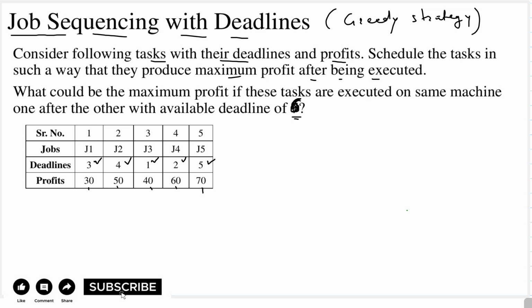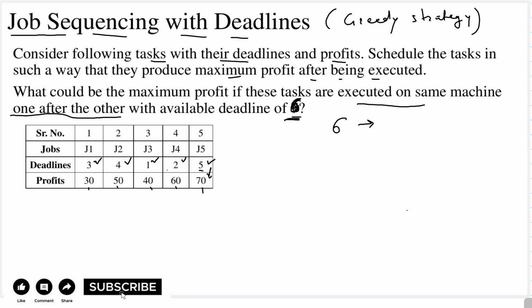But what is asked is that these tasks are executed on the same machine one after the other. One task will be executed, then the next task will be taken, and the total available deadline is 6. The maximum deadline we have is 5, and that gives us a profit of 70.